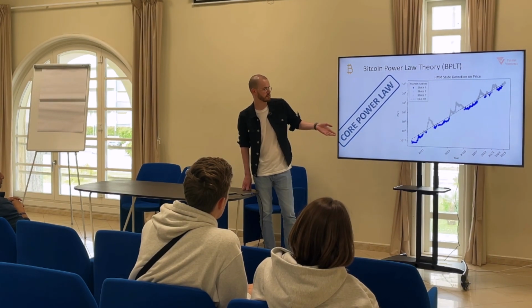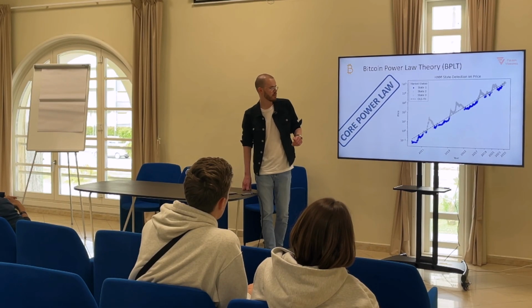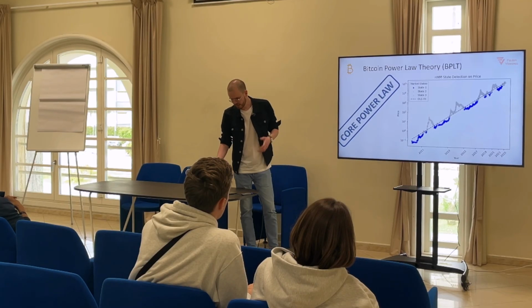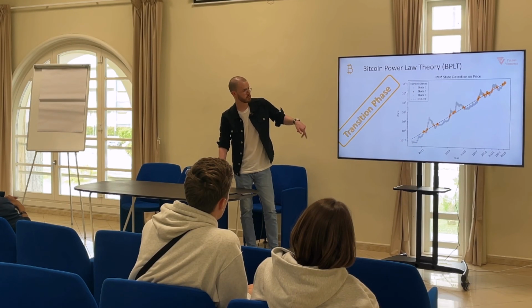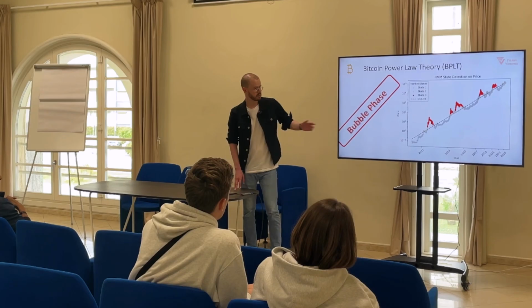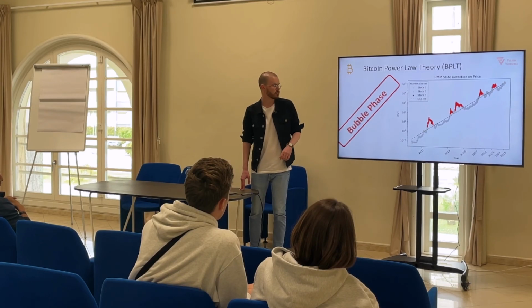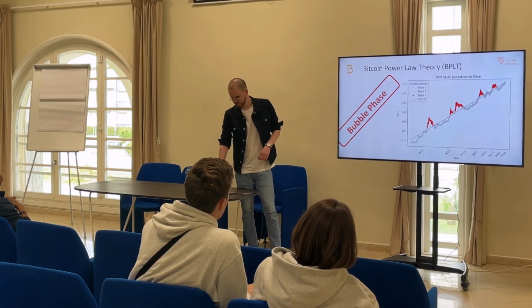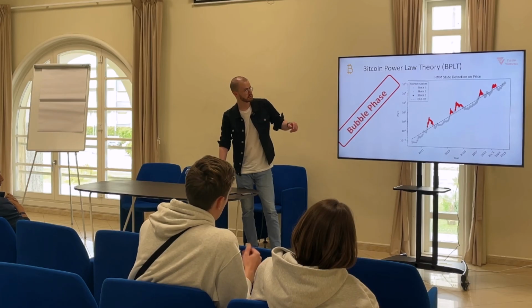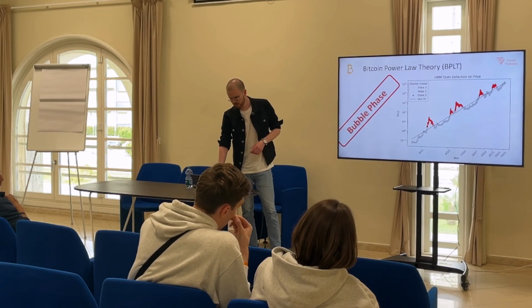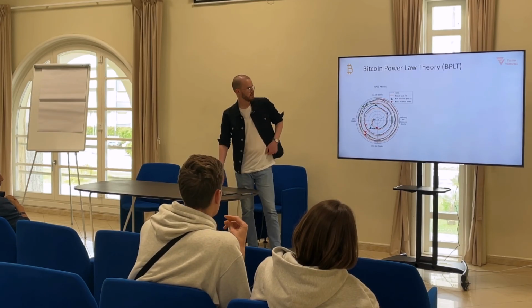Even in a bear market, Bitcoin basically grows at a modest t to the power of 6. And whenever there is some excitement in the system, we enter the transition phase, which is usually rather short-lived and typically has resolved in these bubble phases. So currently we're in the transition phase of the market.